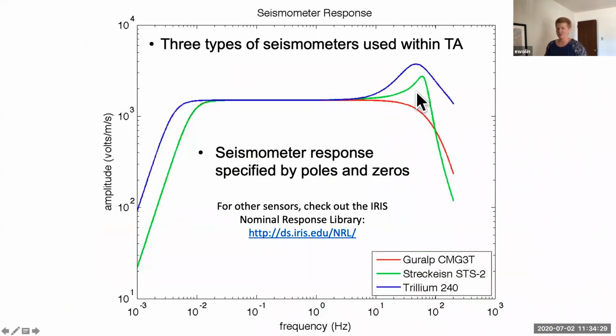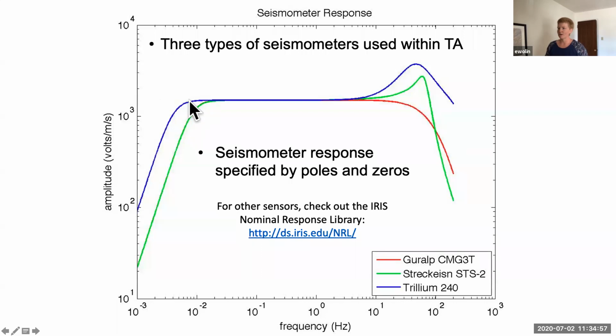So here's the high frequency response of 3 different types of seismometers that were used within the transportable array. And these are commonly used in national and regional monitoring networks, as well as portable deployments. So we have Geotech Guralp 3Ts, Streckeisen STS2s, and Nanometrics Trillium 240s. You can see that the 3T and the STS2 both have a long period corner around 120 seconds.